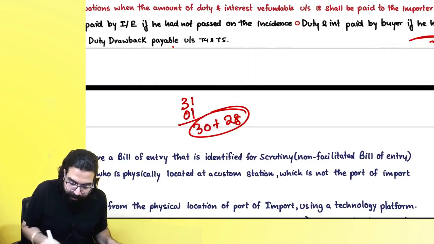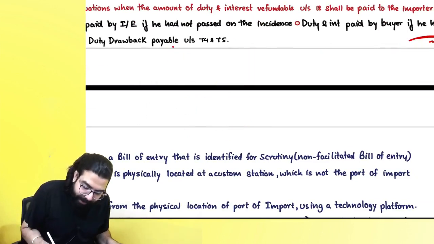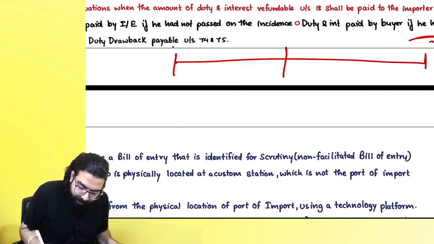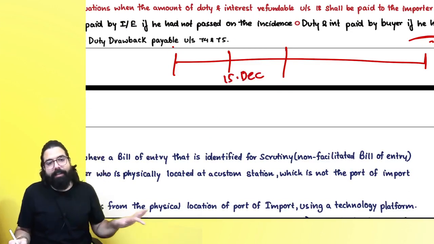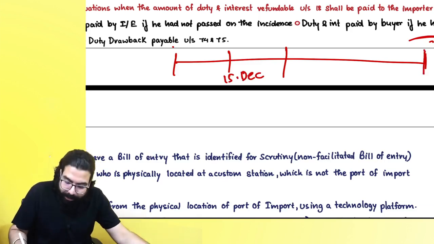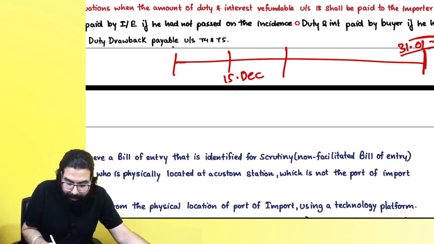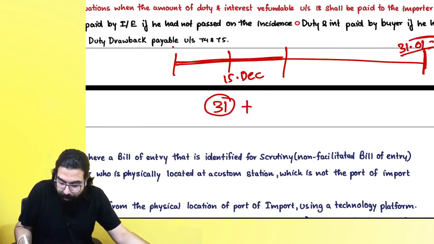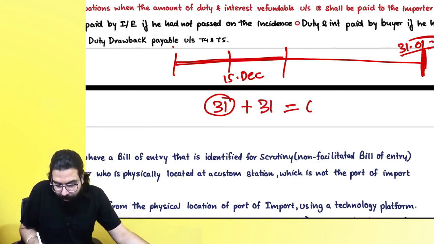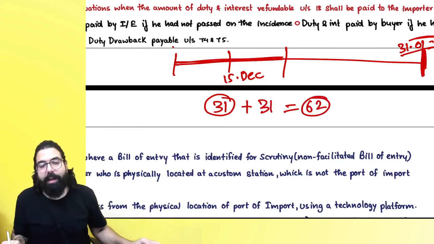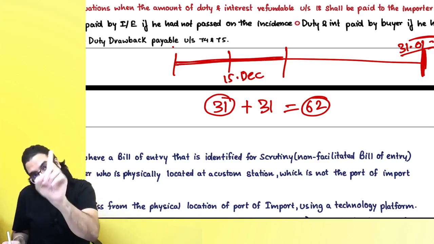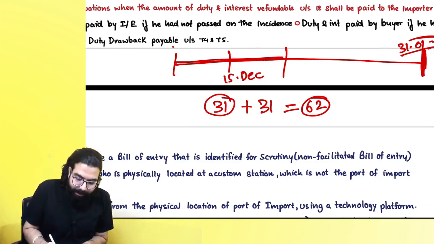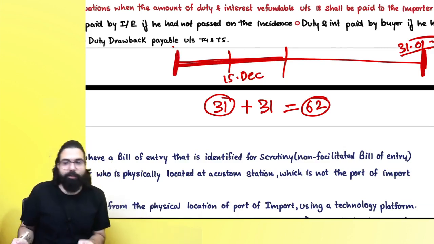So suppose provisional assessment was done on 15 December and the final assessment was done, and you paid the taxes on 31st of January, then you have to consider the full 31 days of December plus January. It will come to 62 days. Please remember, from the very first day interest will start and hence we consider the first day also in the interest calculation.